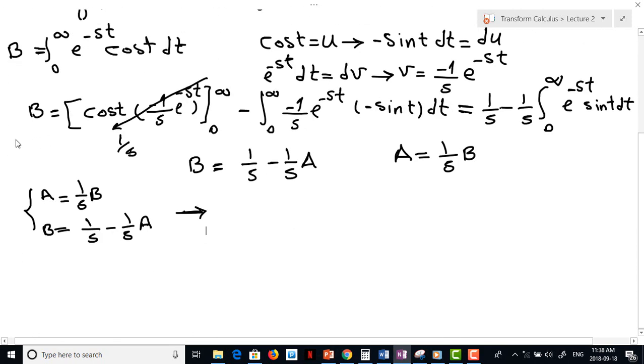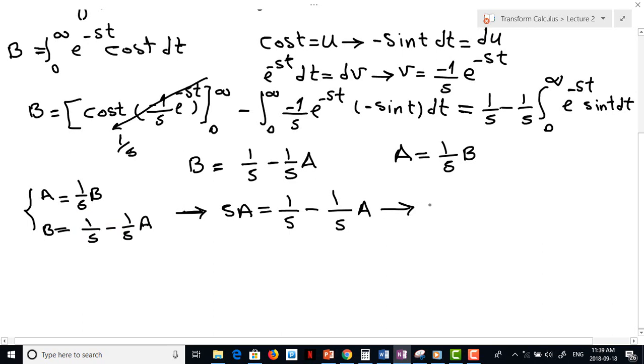So if I want to find a, here we have a is equal to 1 over s times b. As a result, b is equal to s times a. So s times a, I pick that from this equation, is equal to 1 over s minus 1 over s times a.